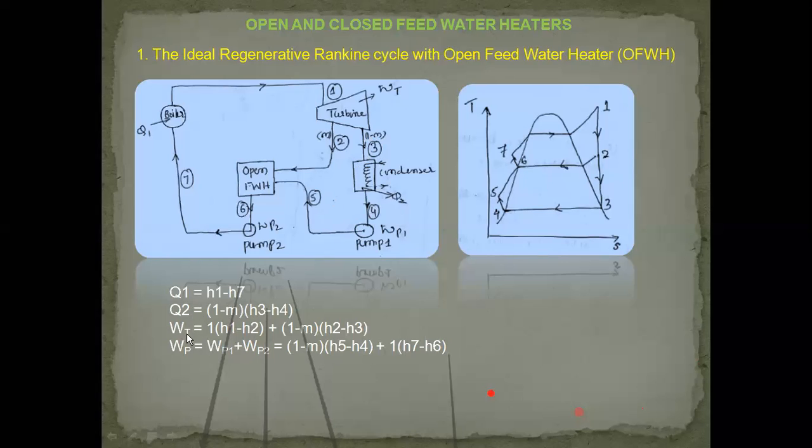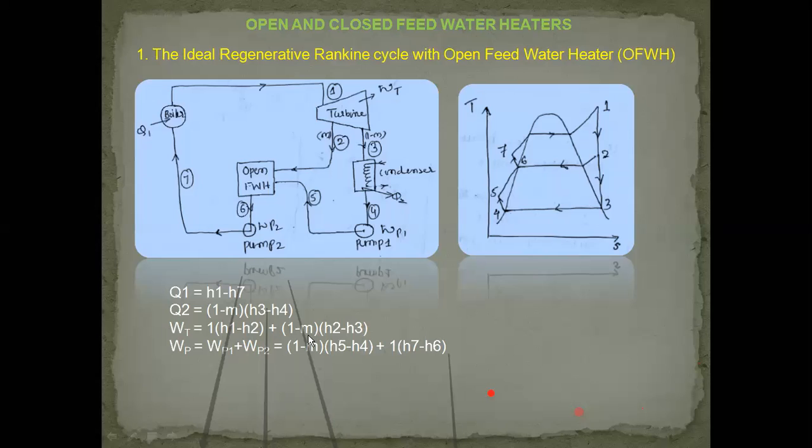Then the work of expansion WT: there is an expansion from 1 to 2 and 2 to 3. For both these, we'll have to write the expression. From 1 to 2, 1 kg of steam expands, so 1 into H1 minus H2 plus. From 2 to 3, only 1 minus M kg expands, because M kg of steam is already taken away.